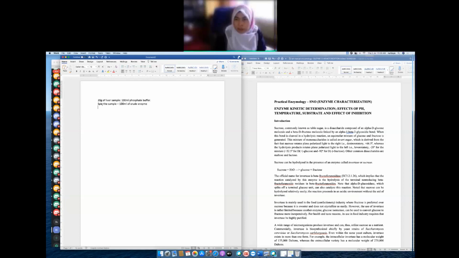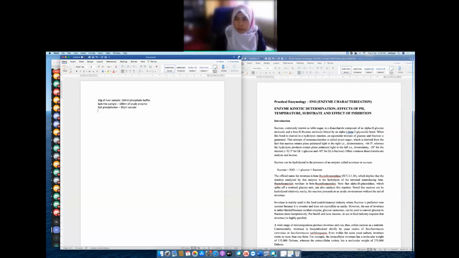So from that 100 ml, we perform ammonium sulfate precipitation. We do this salt precipitation, and then after spinning and everything, we got around 30 ml sample.